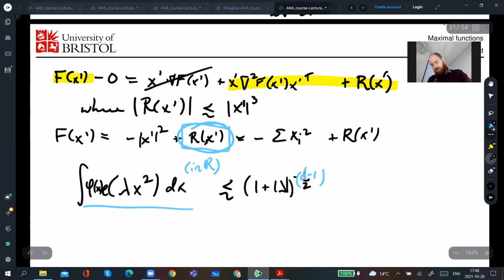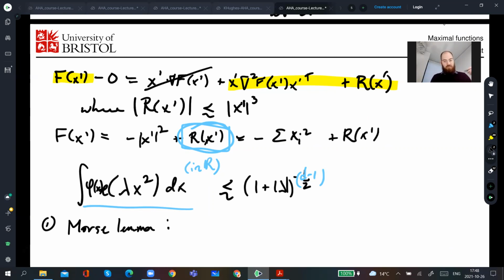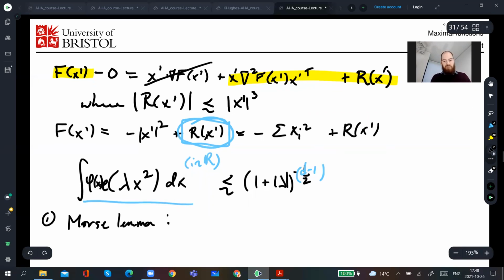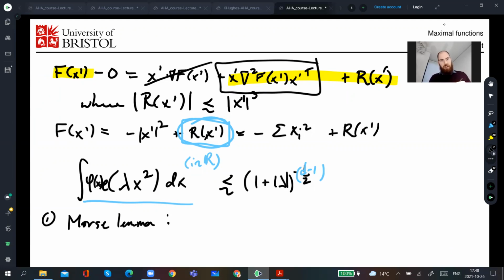There are two ways to do that. One is just to appeal to differential geometry and say, I'm going to use the Morse lemma, which basically says that there is a diffeomorphism. It's a refinement of the implicit function theorem that allows you to get rid of this remainder term, and you have exactly this sort of quadratic term after you make an appropriate change of variables.